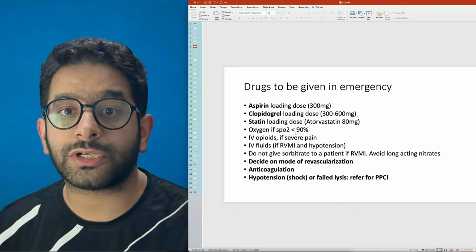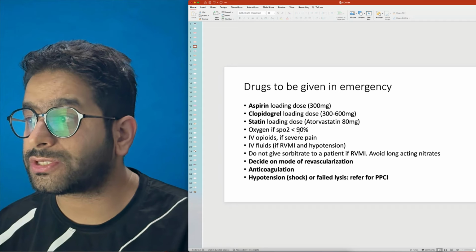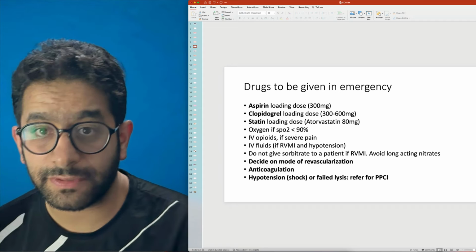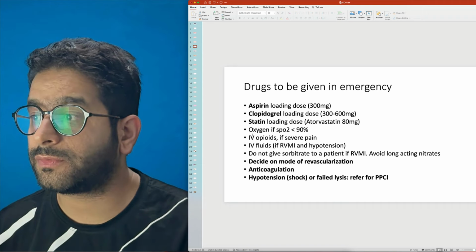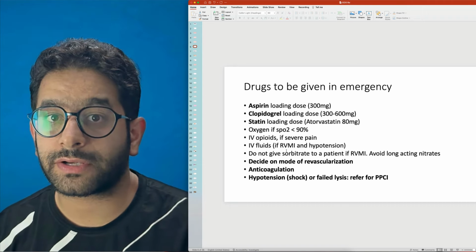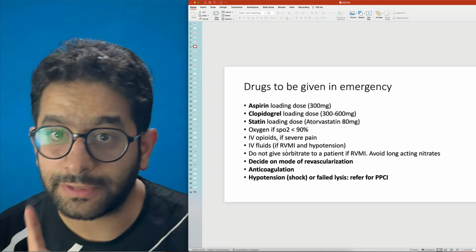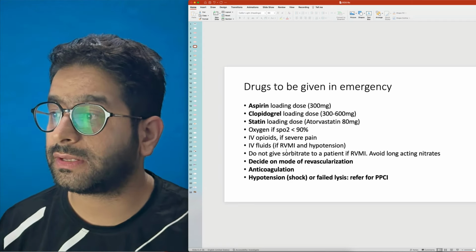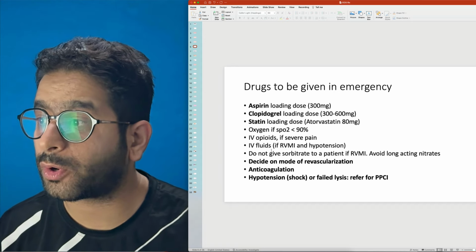You give him oxygen only if the saturation is less than 90%, okay? If he's having severe pain of myocardial infarction, you give him intravenous opioids. In case of right ventricular myocardial infarction, you should be able to recognize that in inferior wall STEMIs, they may have right ventricular myocardial infarction, then giving IV fluids is of paramount importance.